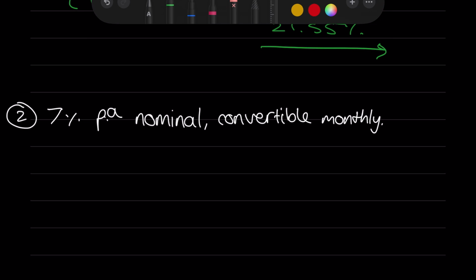So let's do it, because in the papers you don't have lots of time. 7% convertible monthly. So let's get it to an effective monthly. 0.07 divided by 12 is equal to 0.005833 and so on.